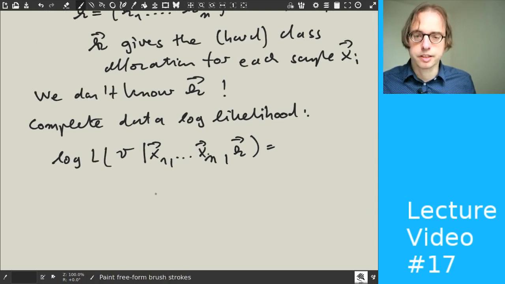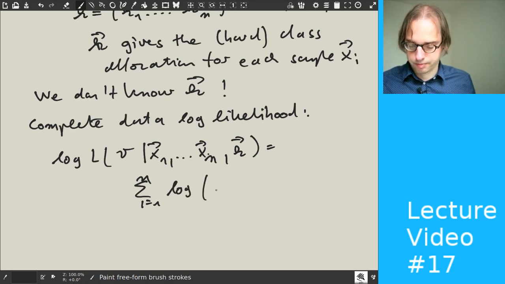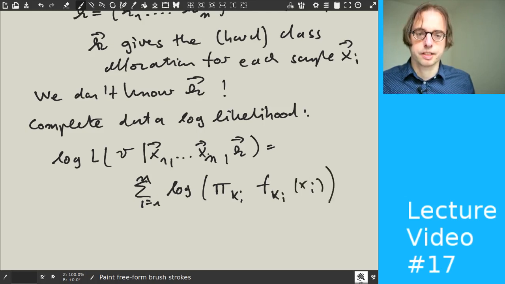That's simply the sum over all samples of the log joint density, pi k_i times f k_i of x_i. So for each sample we know now which class they're in, and we know the probability of the class, or we have a parameter for it, and then we can estimate theta.